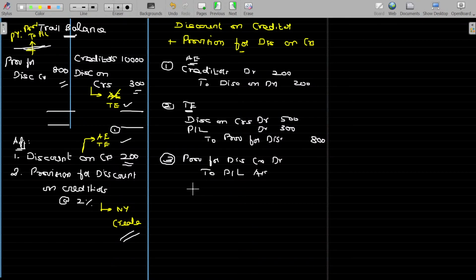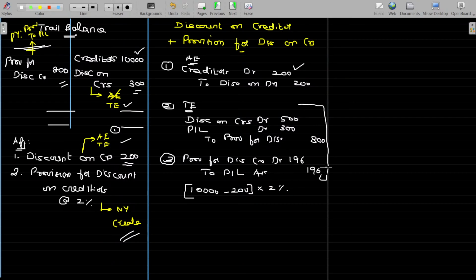How much is that? 10,000 rupees is the existing creditors. Before you pass the entry for the third, you have to make all the adjustments related to the creditors. Here is a creditors amount, rupees 200. That should be subtracted. If I open the creditors account, from 10,200 rupees is subtracted, we have only 9,800. On that 9,800 only, we have to create the rate of 2%. 196 will be the value.